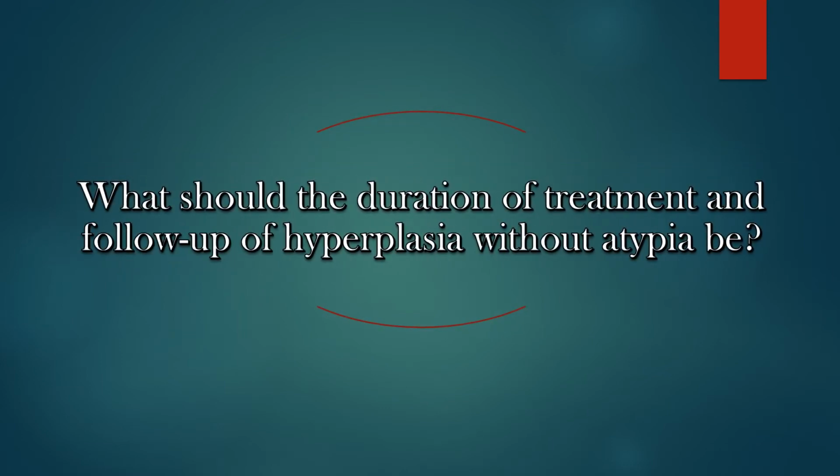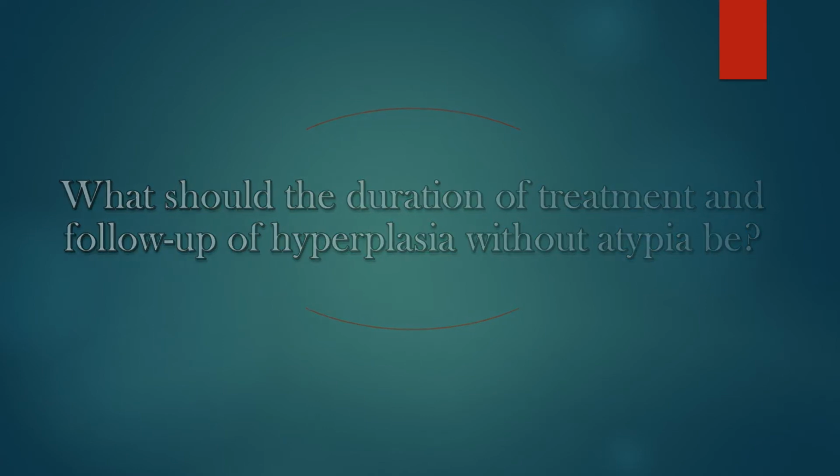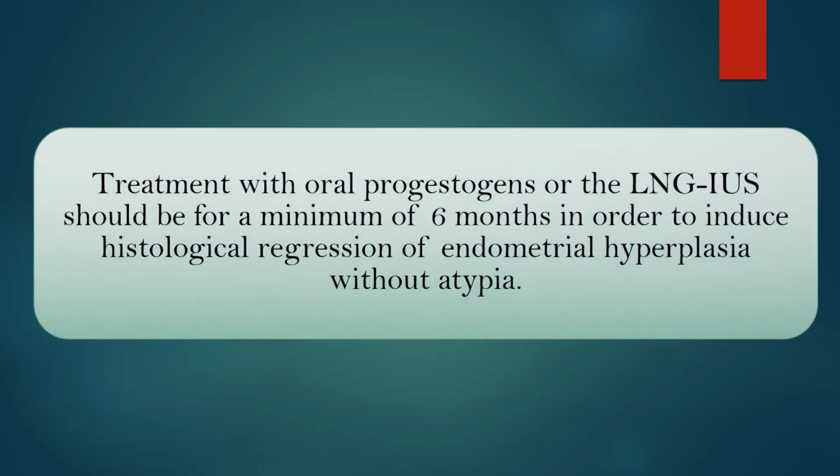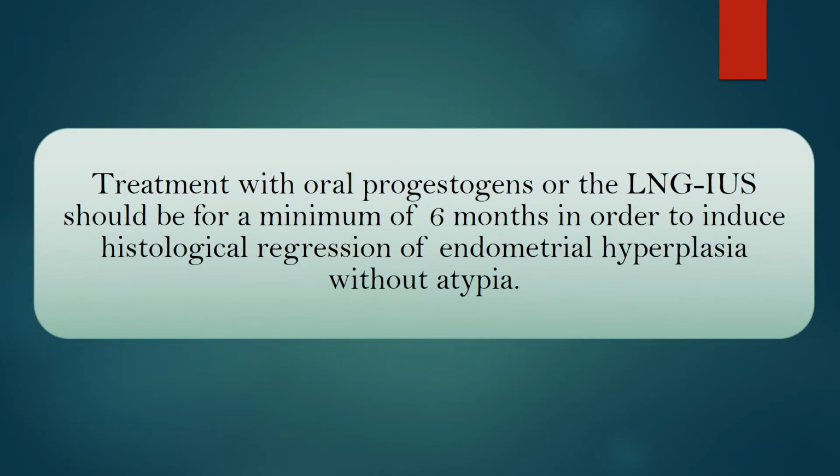What should the duration of treatment and follow-up of hyperplasia without atypia be? Treatment with oral progestogens or the LNG-IUS should be for a minimum of 6 months in order to induce histological regression of endometrial hyperplasia without atypia.